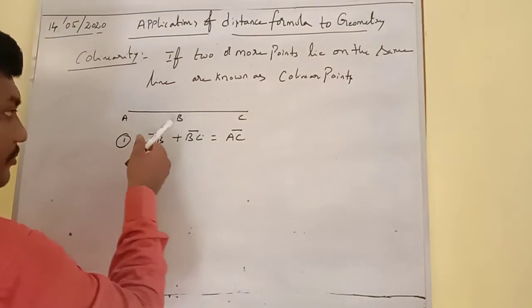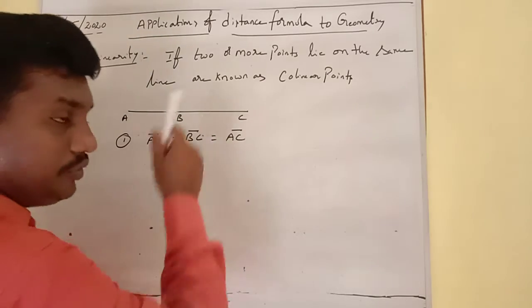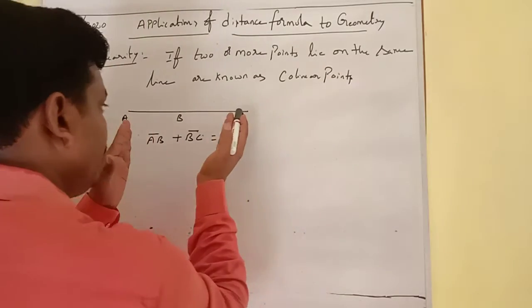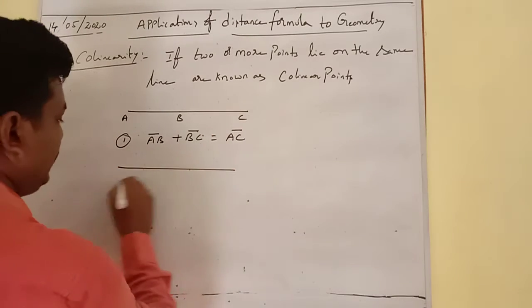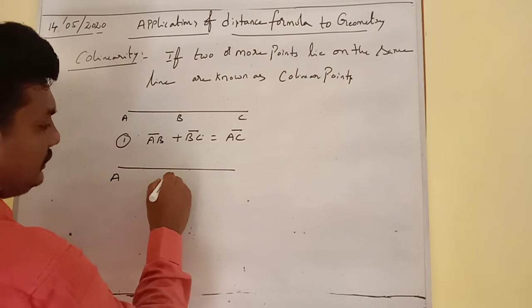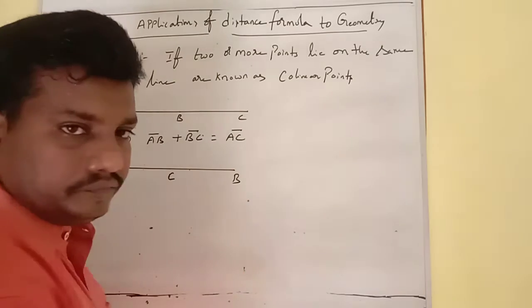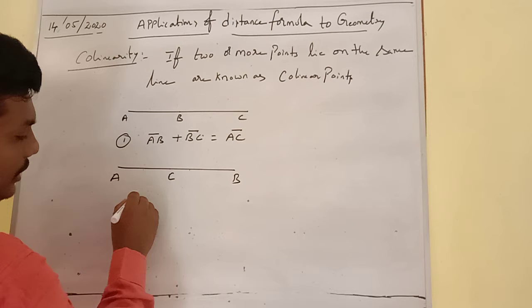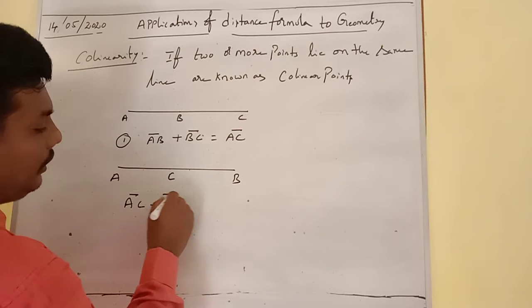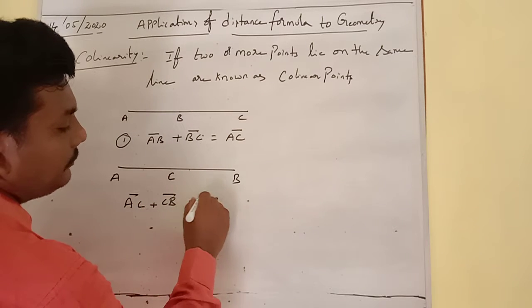Suppose A, B, C are in this position. Suppose A, B, C change their positions. Let me take this is A, this is C and this is B. Now in this situation AC plus CB is equal to AB.